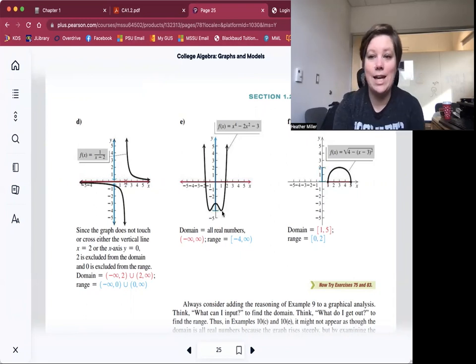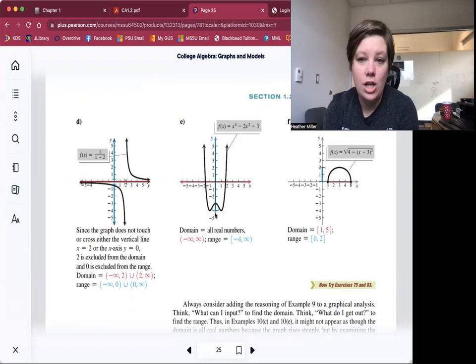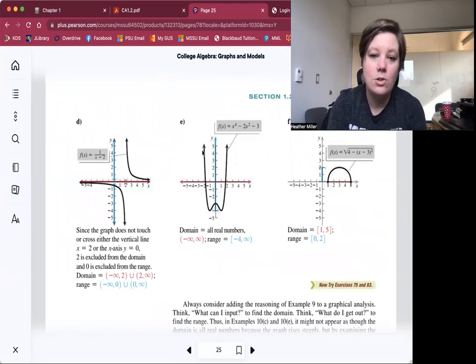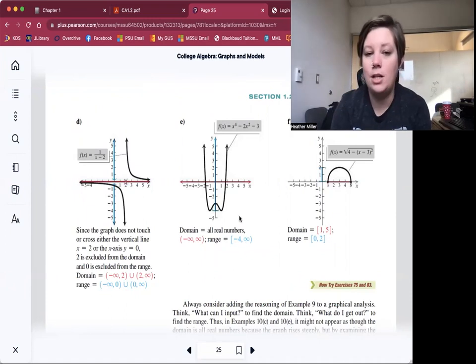Even though we do include all the x's, because of the shape of our fourth degree function, which we're going to learn a lot more about as we progress through the semester, we're going to see that our y value only goes so low as -4. It never goes to -5 or -6 or -10. So our range is actually limited. We only go from -4 all the way up to positive infinity.